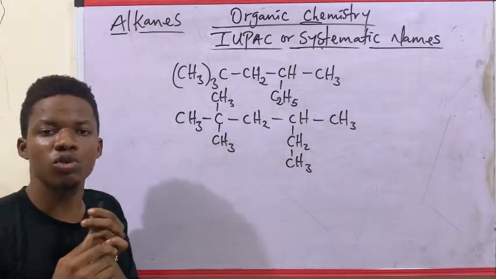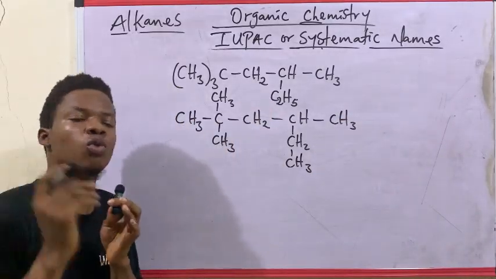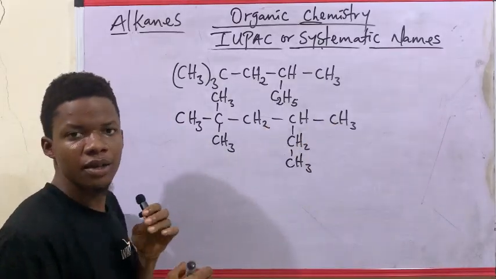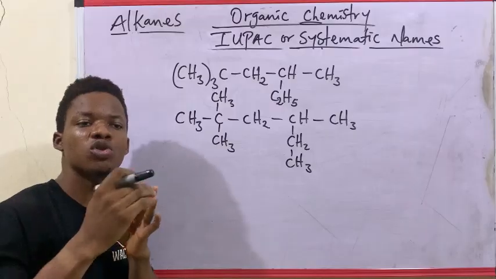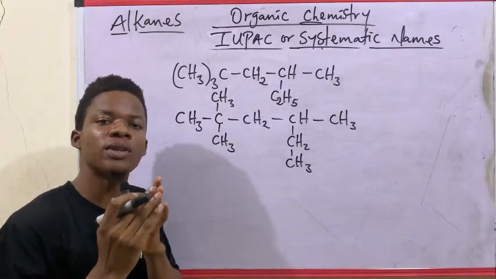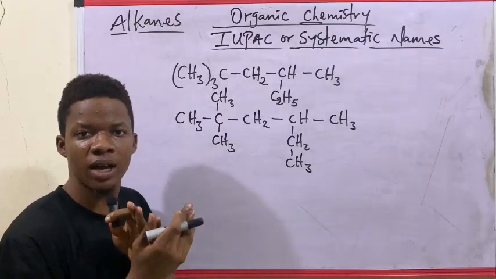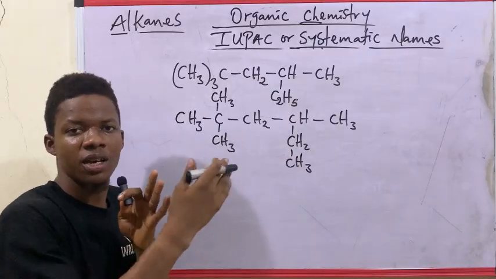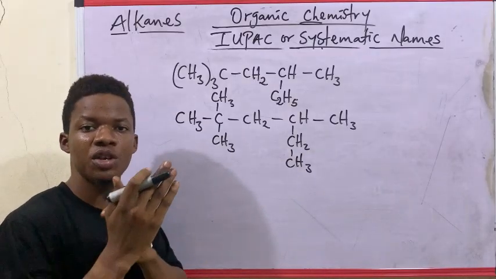Now I told you that your parent chain does not have to be horizontal or linear. There is no rule that says it must be linear. So just look for the carbon to carbon that directly connects each other, and then which carbon chain of that direct connection is longer.